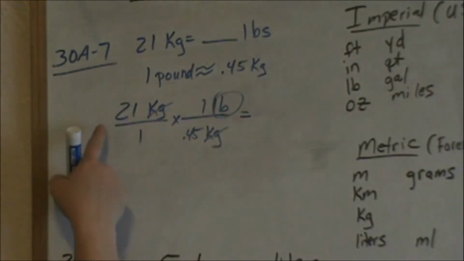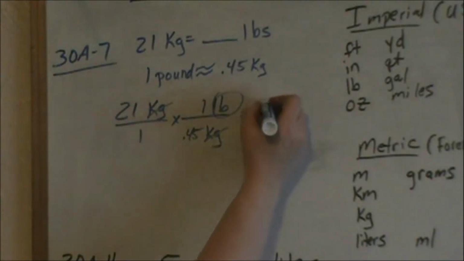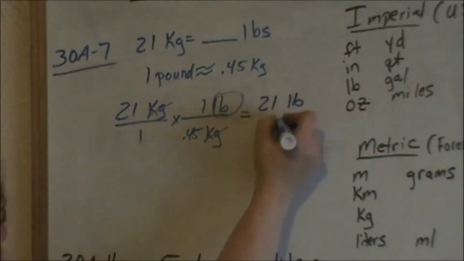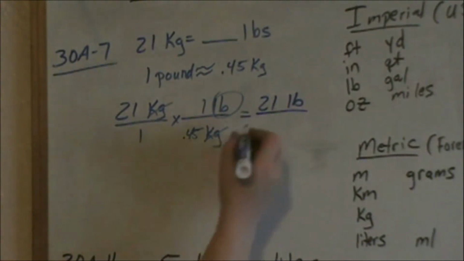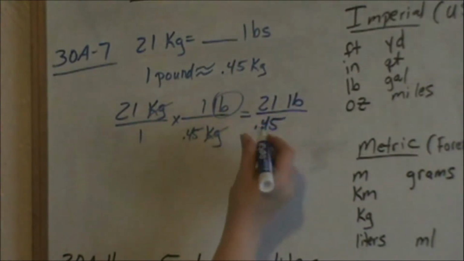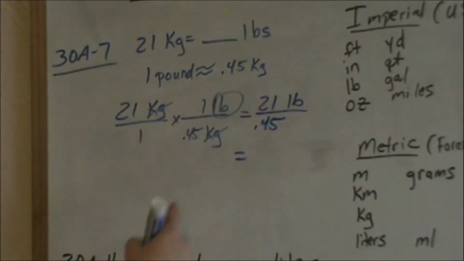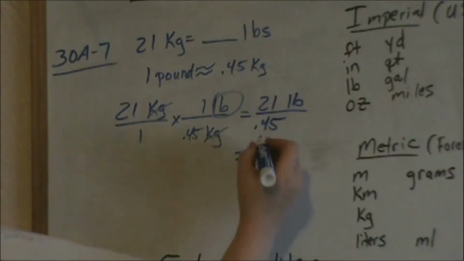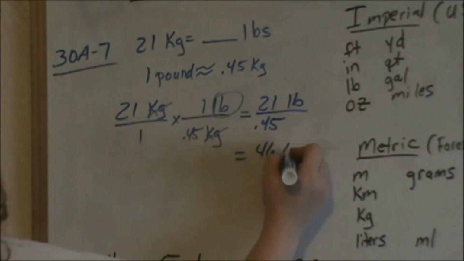So you multiply across your fractions. 21 times 1 is 21. I'm left with pound. 1 times 0.45 is 0.45. Now divide that out. Of course I use my calculator. 21 divided by 0.45 is 46.67.